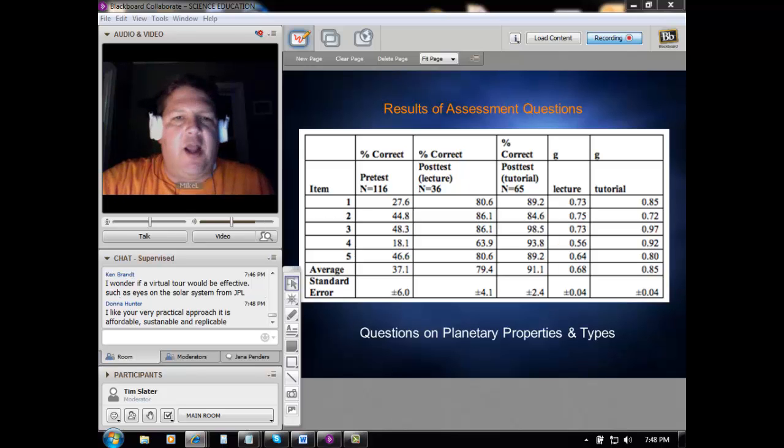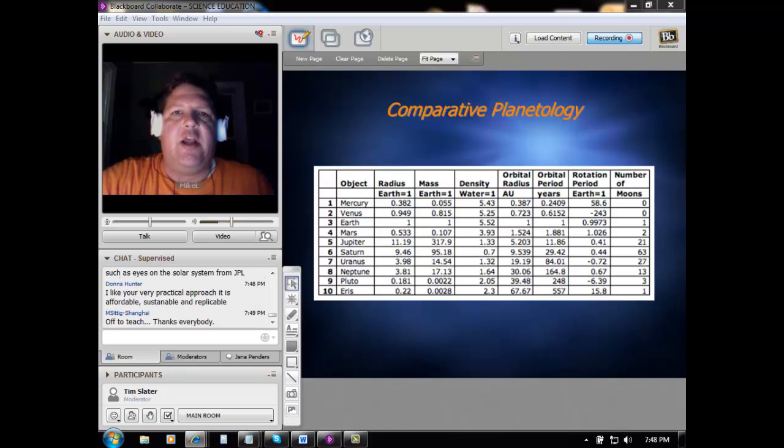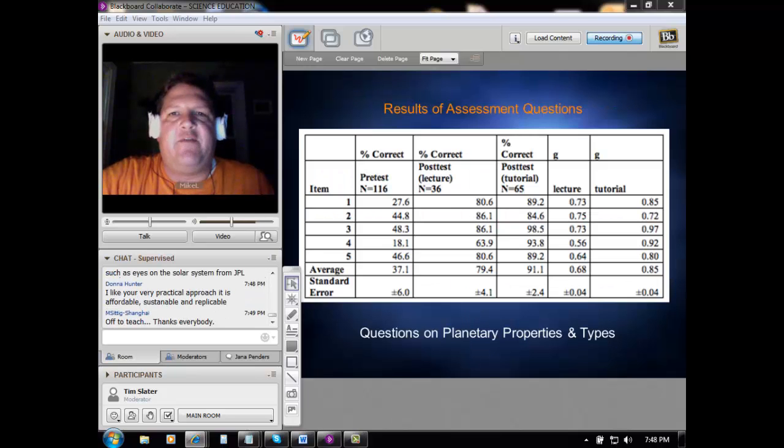And anyway, one of the things that you don't need to do is stand there and read tables of planetary data to them. You don't have to say Jupiter is this big, Saturn takes this long to orbit the sun. But you can have them use the planetary data, and they'll be exposed to the planetary data by using it.